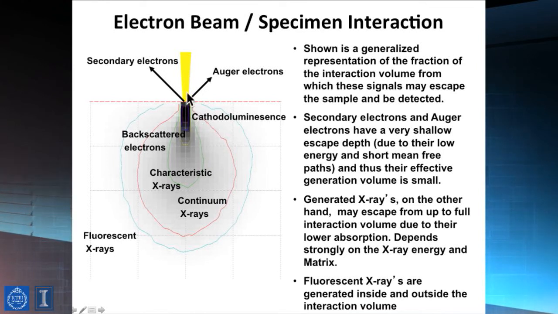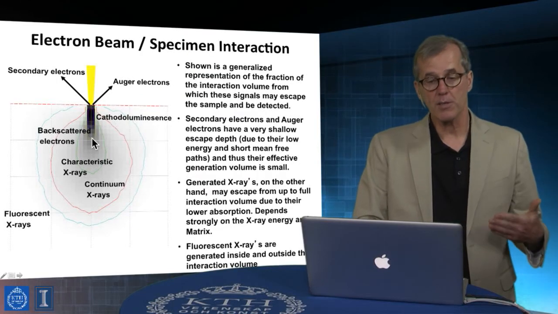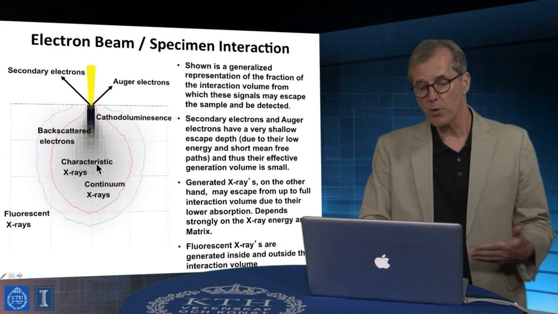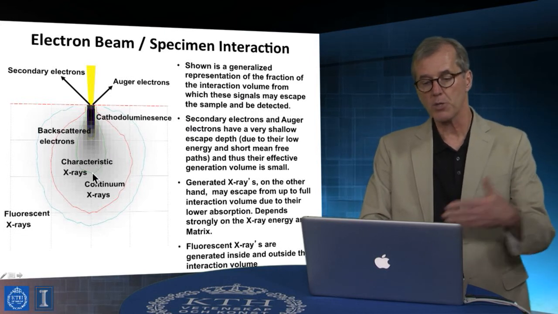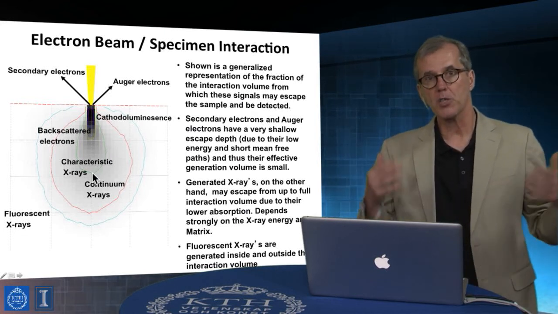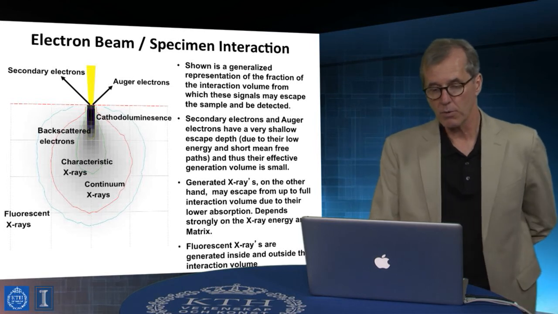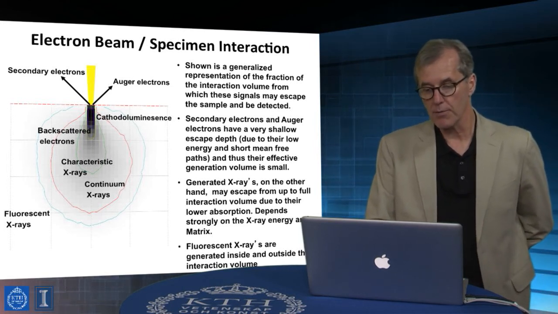Cathodoluminescence has a particular characteristic skin depth because of the fact that these might be in UV or visible wavelengths. That skin depth will be relatively proximate to the interface, much more so than would be true of the X-ray emission, which emerges from a much deeper region of the material surface.